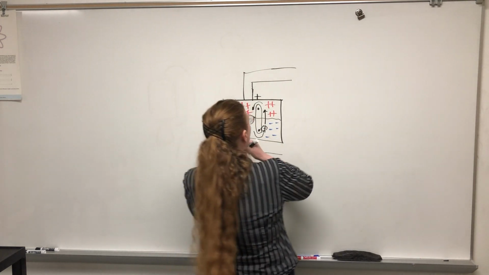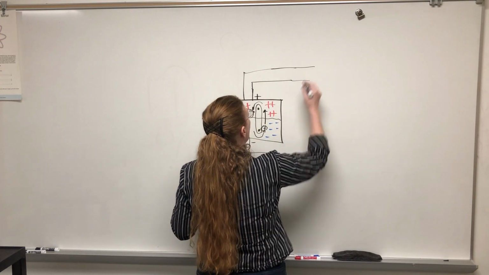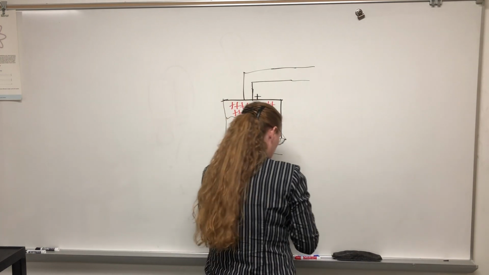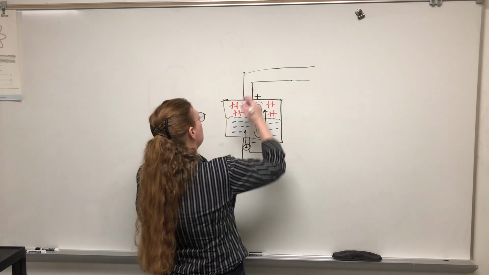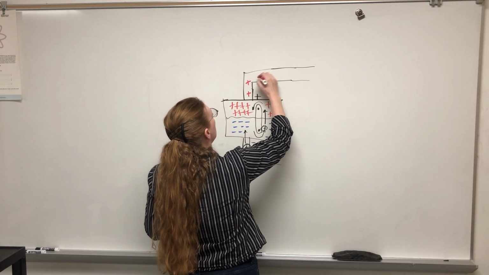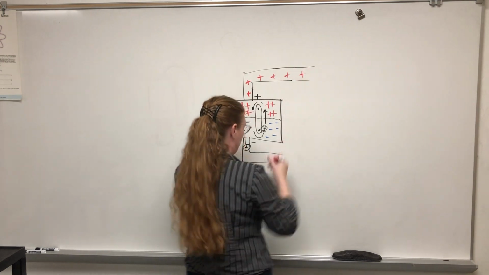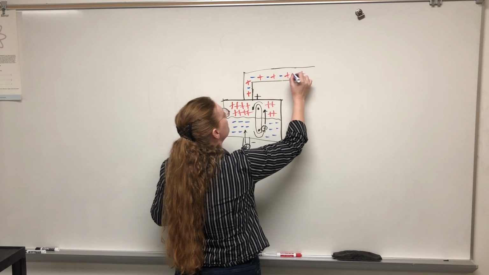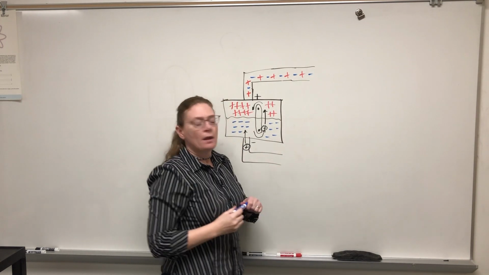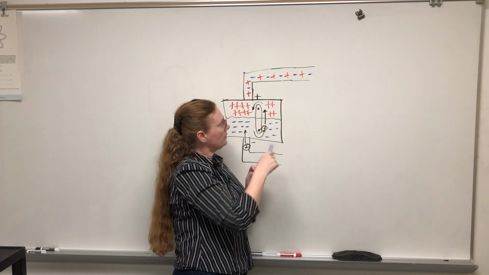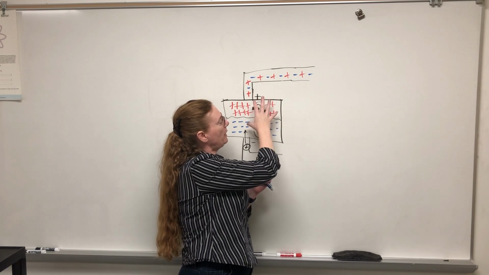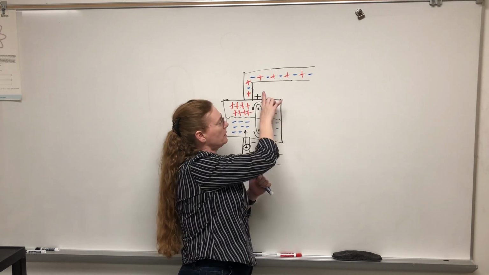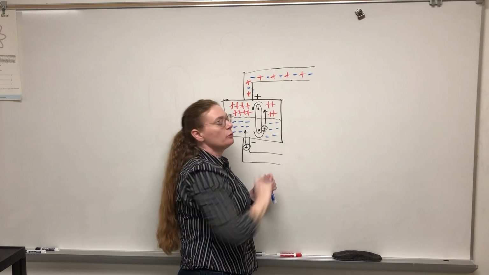So we can talk about a hookup wire as being neutral, which means equal amounts of positives and negatives. So here is the situation that we've got: the battery whose job is to bring the positives up here, and then we've got a neutral hookup wire.